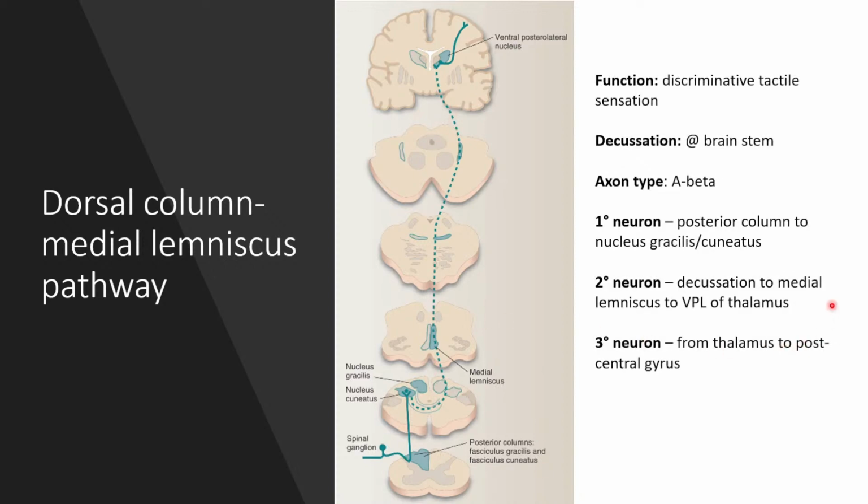And then it hits the VPL of the thalamus, and then from there it goes to the somatosensory cortex. Now, if it's T6 and below, it's the fasciculus gracilis, and if it's T6 and above, it's the fasciculus cuneatus. That's the differentiation. So lower limb and upper limb.